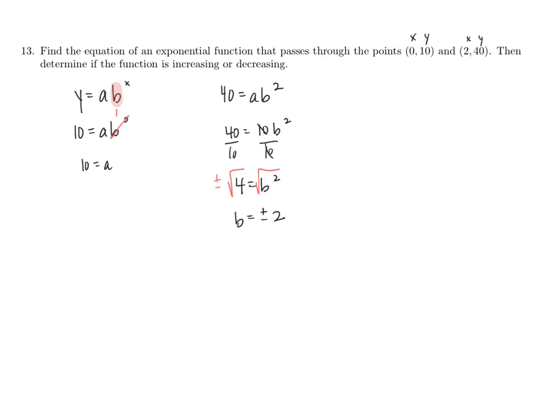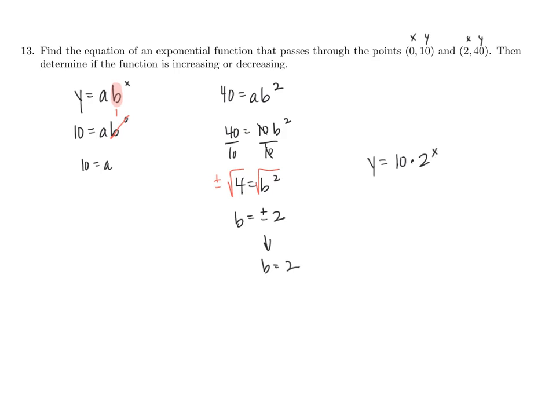So you really want to have that b be a positive number. So if it's going to be positive, that means it can't be negative 2. That means b must be 2 because it needs to be positive. So your function, the equation of a function, is y equals 10 times 2 to the x.